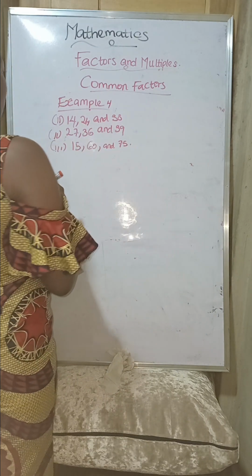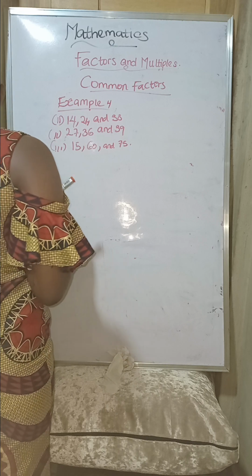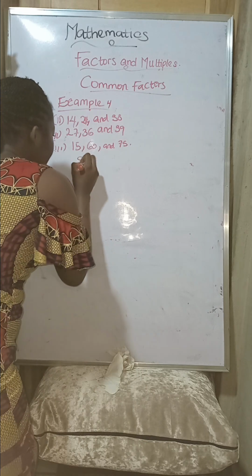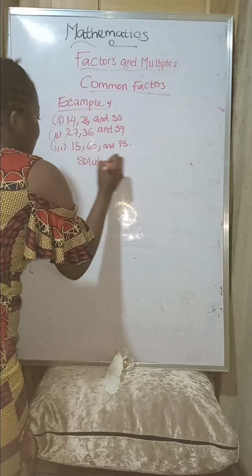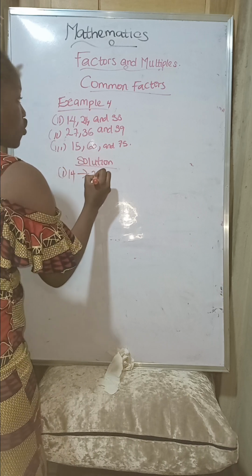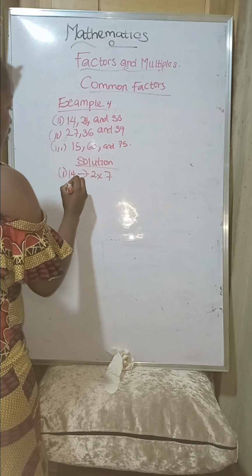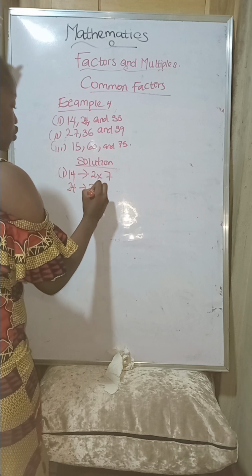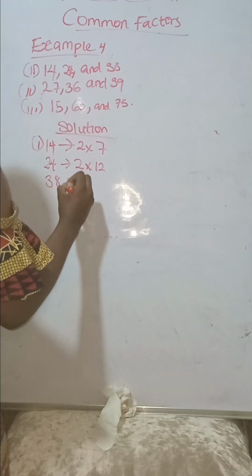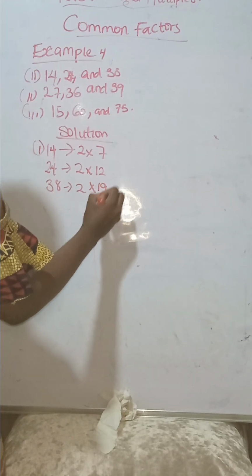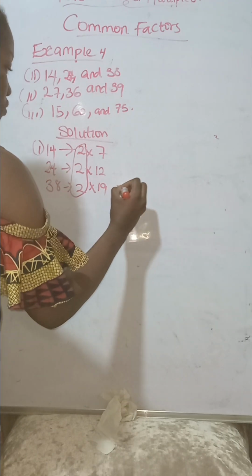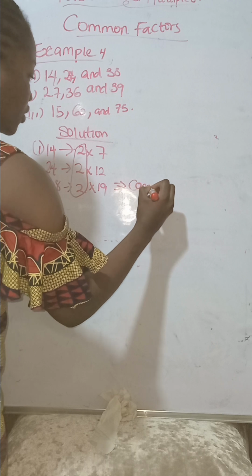Okay, so 14, 24, and 38. Let's start. 14 is 2 times 7. 24 is 2 times 12. 38 is 2 times 19. So the common factor here is 2.